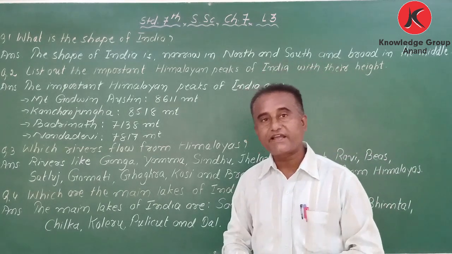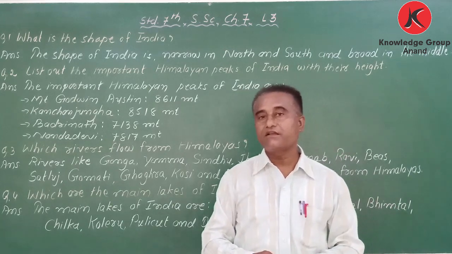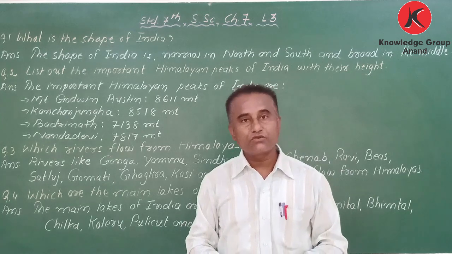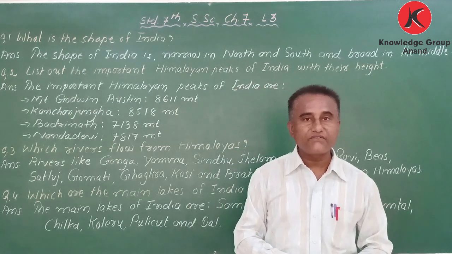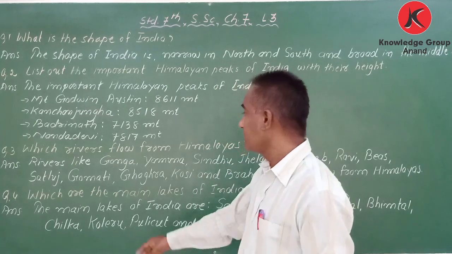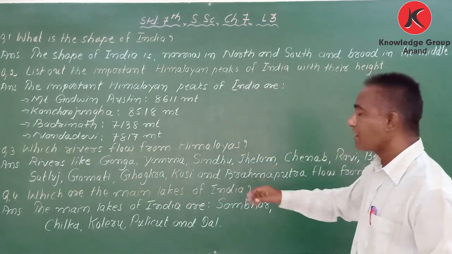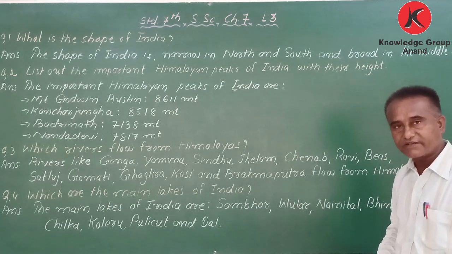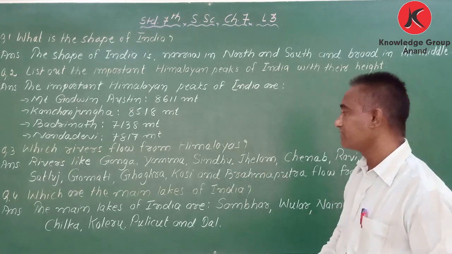Got it? Once again I repeat: the rivers like Ganga, Yamuna, Brahmaputra, Satluj, Jhelum, Ravi, Beas, Kosi, Gagra, Gomti. These are the main rivers that flow from the Himalayas. Got it?